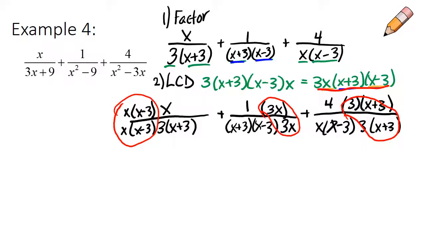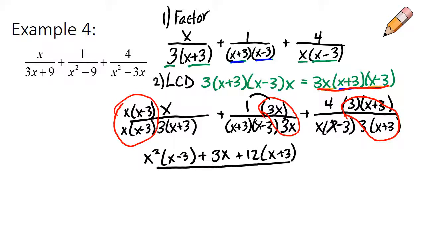Let's go through and simplify the numerator by multiplying each factor. So I have an x squared and an x minus 3. I have a plus, I'm just going to say 3x. I don't have to worry about the 1. And then I have a 12 and an x plus 3. I've got my LCD.